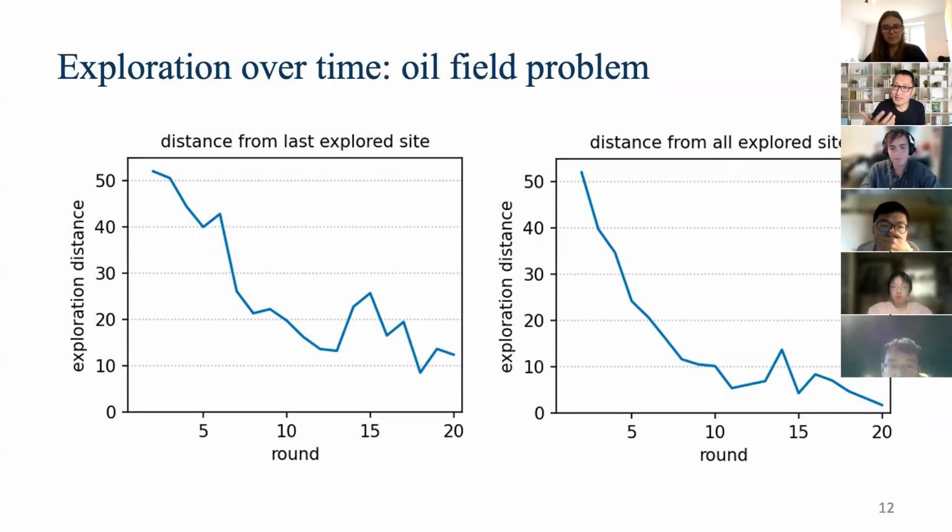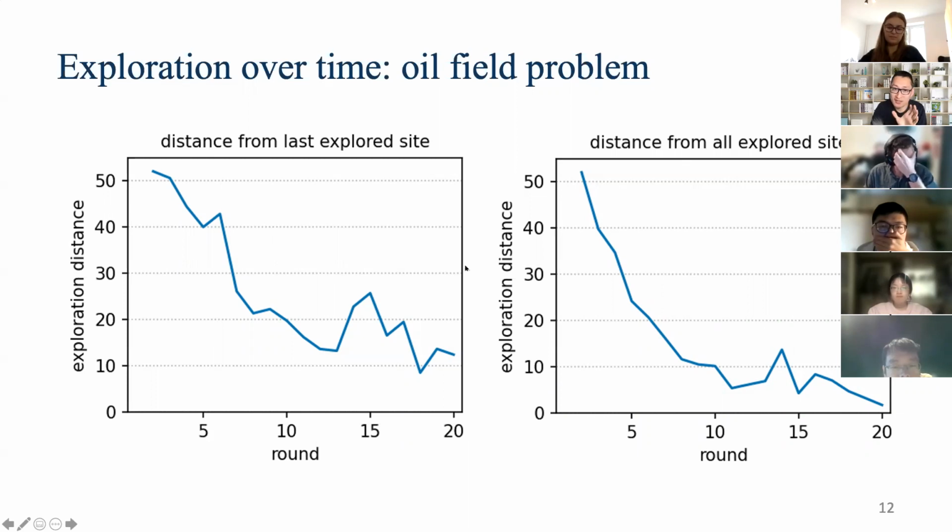And maybe a better definition is to check the distance between the new spot that you checked and all the other spots that you have checked, and get the minimum distance. So either of these two definitions is fine. It's a definition for exploration, whether you're gaining new knowledge, right?